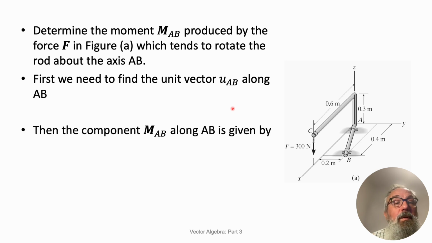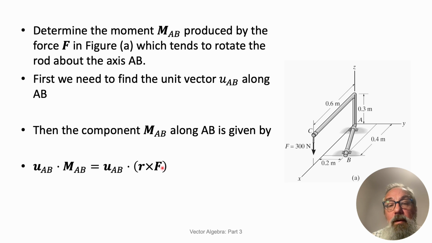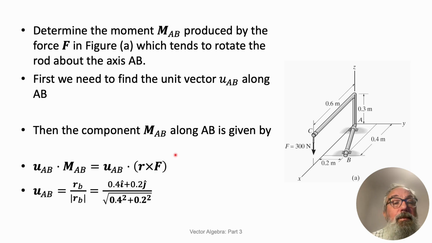Then the component MAB along AB is given by UAB times the moment MO. So UAB dot R cross F, where R is any point on AB.